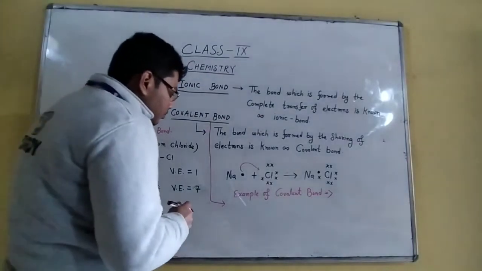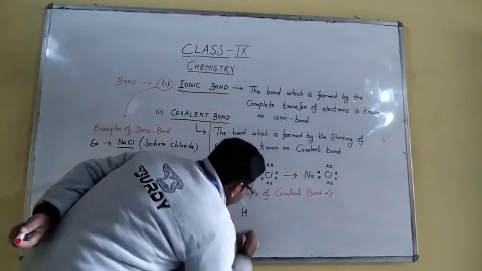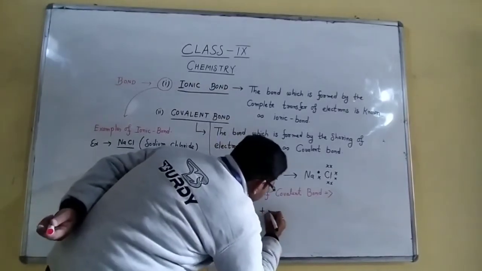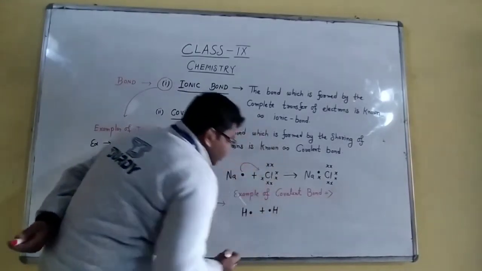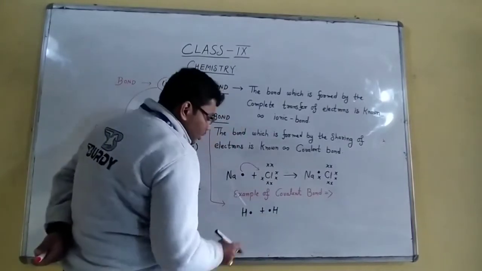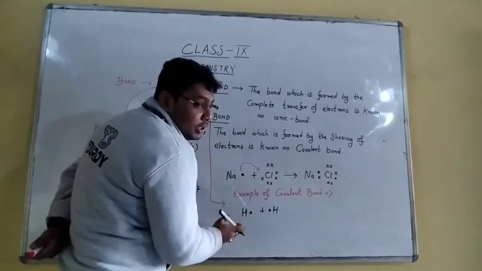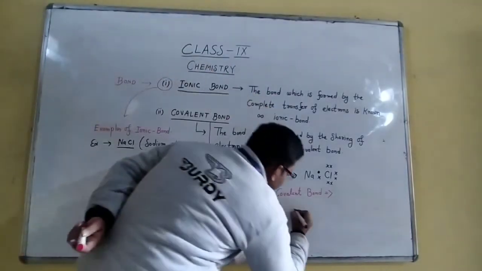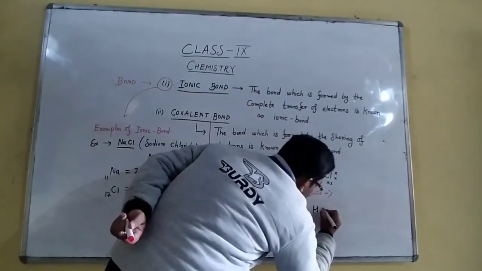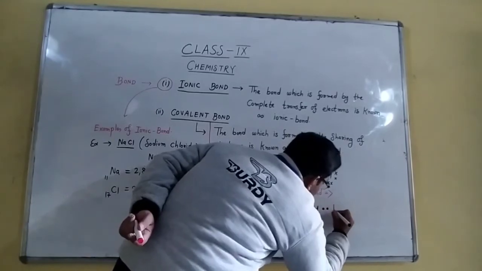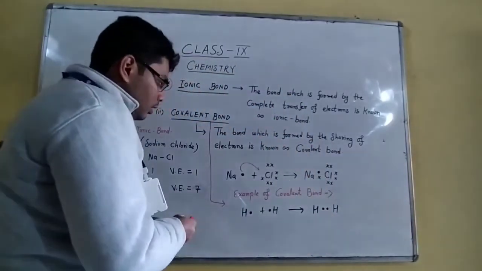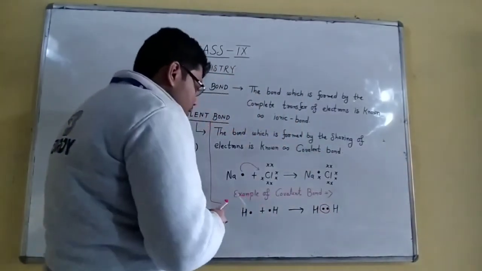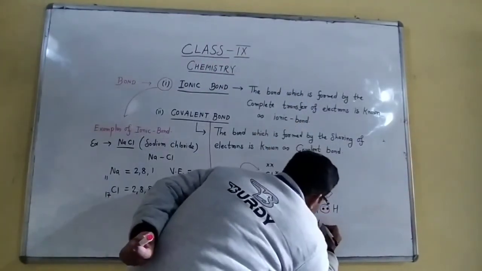Here, hydrogen having one electron, another hydrogen having another electron, and both the hydrogen atoms share the electrons to form a covalent bond here like this. This bond is known as covalent bond.